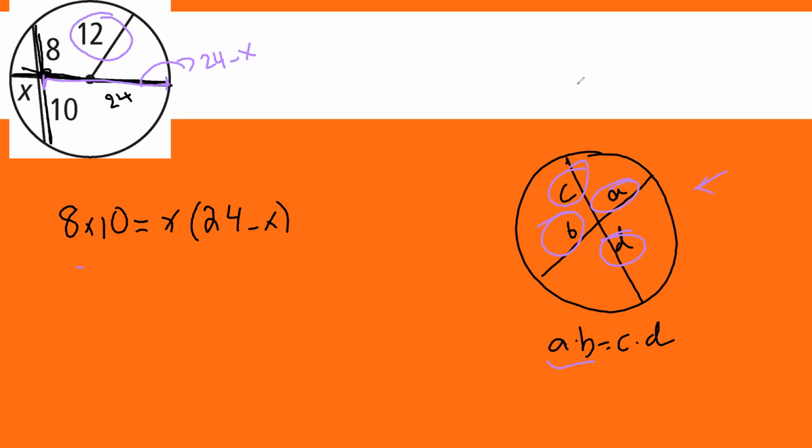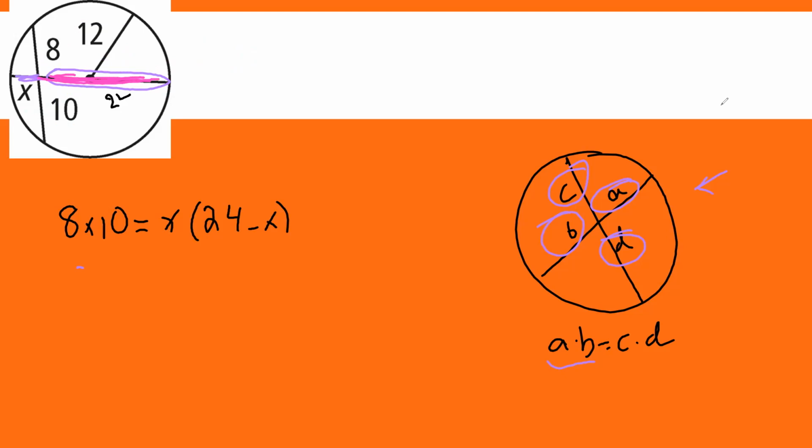So here, for this circle, they are intercepted in a circle. So 8 times 10 will be the length of this side times the length of this side. Now, what is the length of the small one? X. And what is the length of this part here?